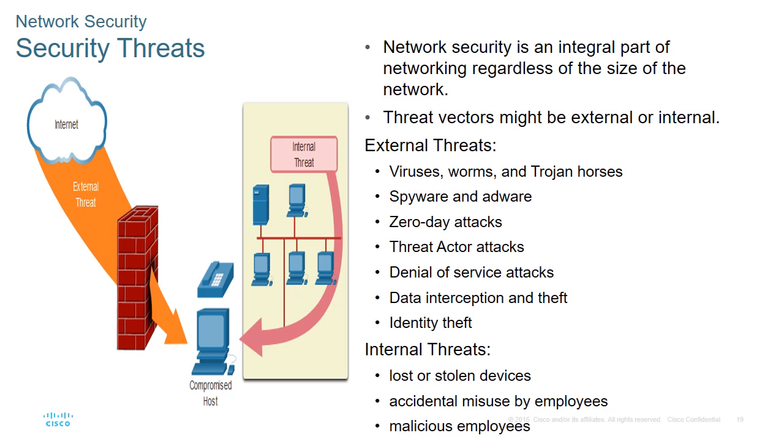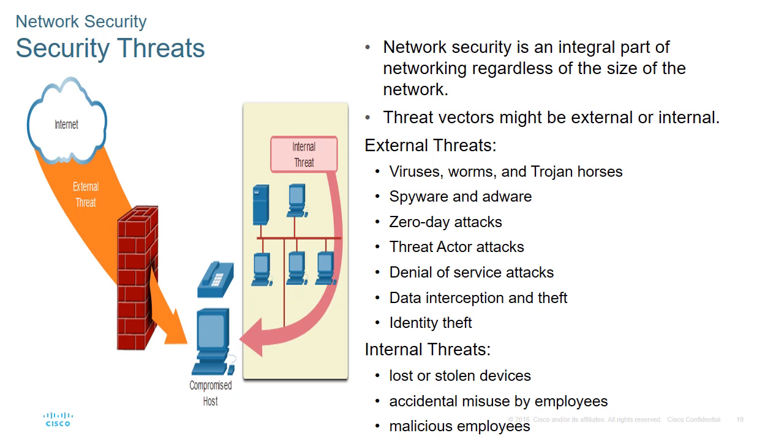If you look at the security threats, they are classified into two types: external security threats and internal security threats. What are the different types of external security threats? The external security threats are viruses, worms, Trojan horses. These come from outside. They will send these into our network and try to affect our network or the devices in our network, or try to spoil or damage the devices or interrupt the connections.